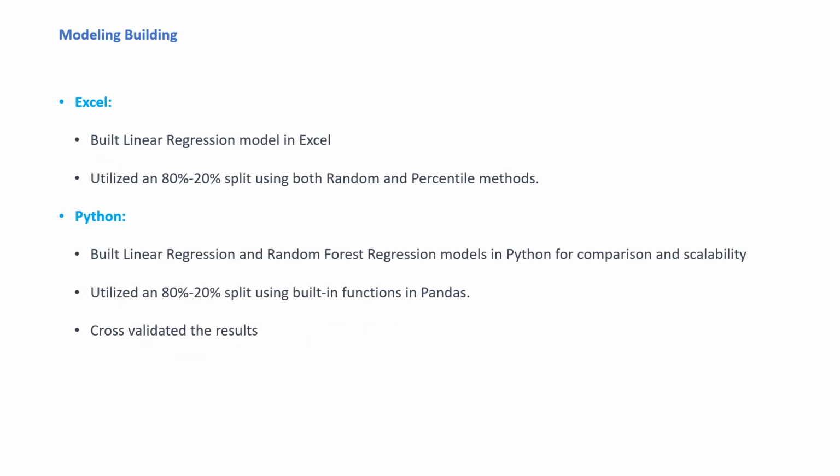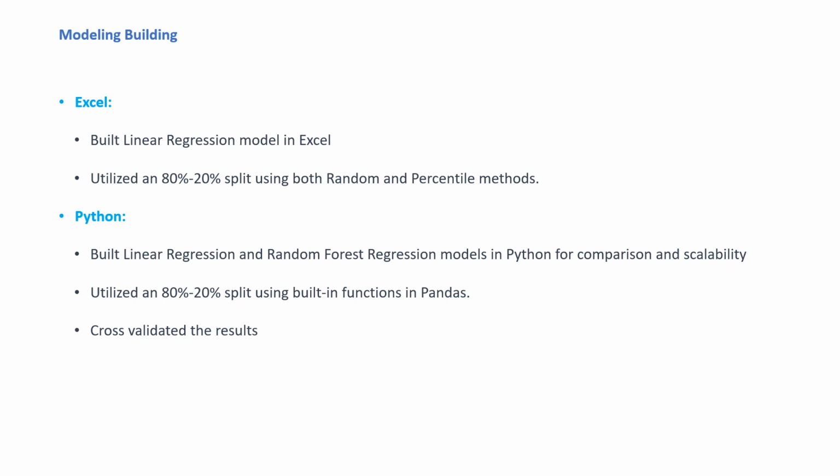Okay, for building the model, I first started off from Excel and built a linear regression model there using an 80-20 train-test split using the RAND and PERCENTILE methods, but I was not aware of any other data analysis tools that could help me predict my outputs based on the algorithms that we have.